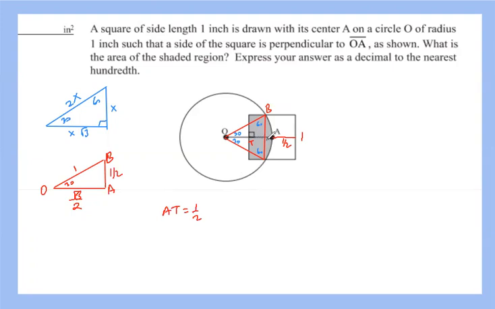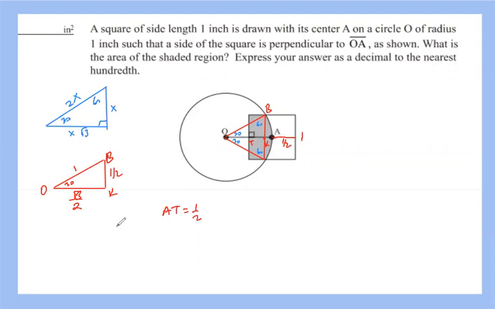I don't know that piece yet, so let me call this point K. So AT is 1/2, but at the same time, I do know OK, which was √3/2, and I do know the distance from T to A, which was 1/2.